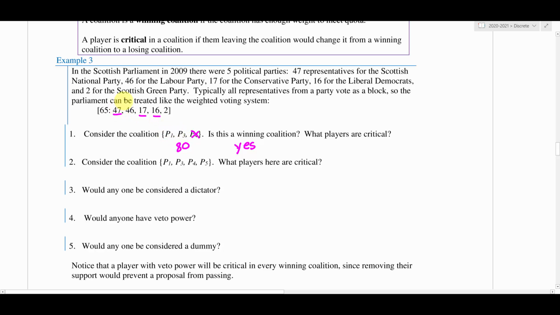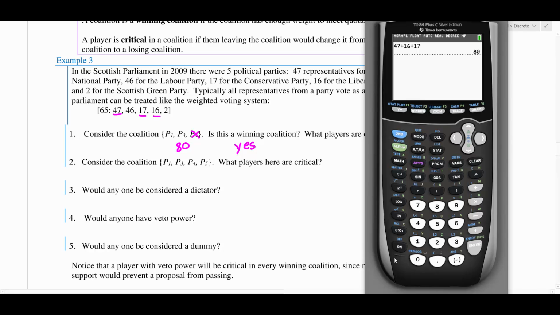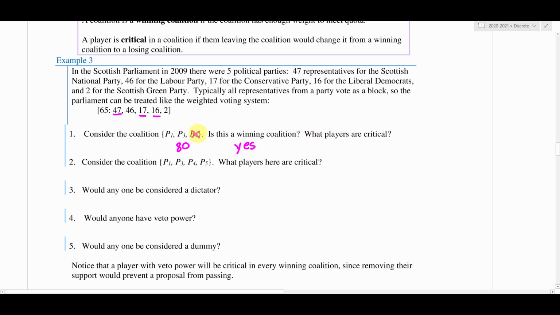So I would add up the 47 and the 17 and see if they still have enough votes. Okay, so if I do 47 plus 17, we get 64 votes. Okay, so that's not enough, right? So if player 4 leaves, they only get 64 votes. Well, they need 65 to pass the measure, so we now know player 4 is critical.